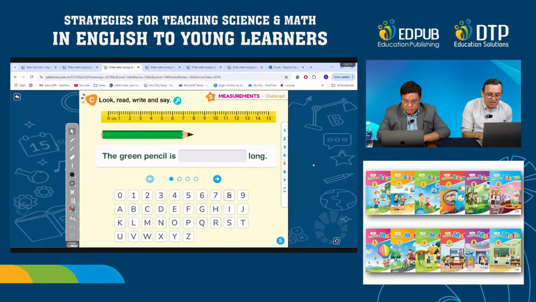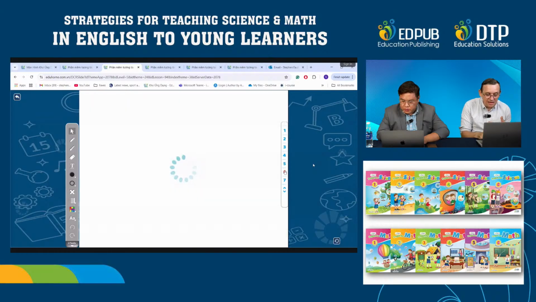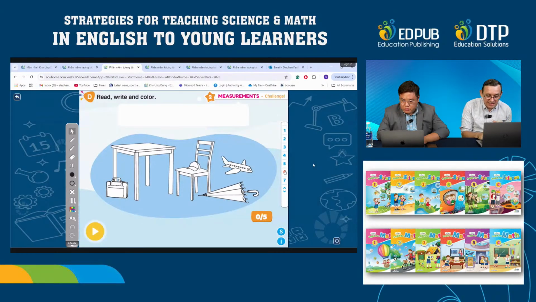Here we've got measurements. The green pencil is, we can just use the digit, 8, and then we need to type centimeters long. Okay, I'm not going to do that to save time. But you can see we've got a coloring activity as well. In this one, the yellow plane is 49 centimeters long.